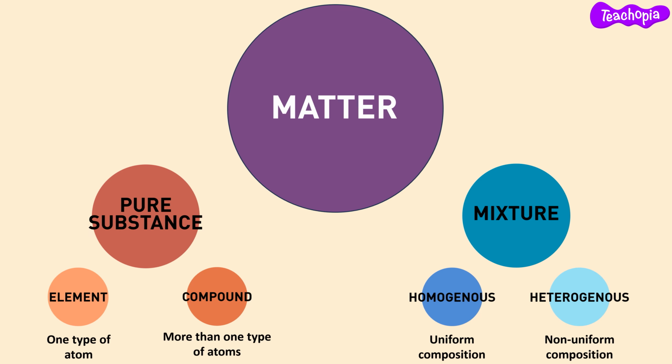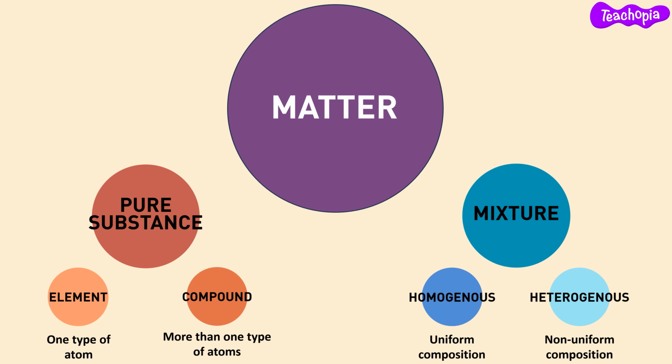A pure substance is a form of matter that has a constant composition, meaning it's the same everywhere, and also has properties that are constant throughout the sample, meaning there is only one set of properties such as melting point, color, boiling point, etc. throughout the matter.